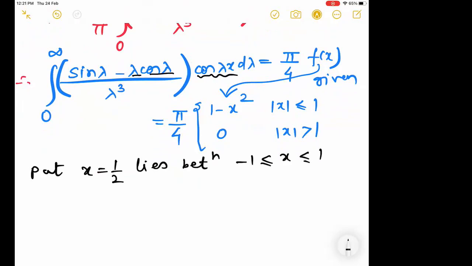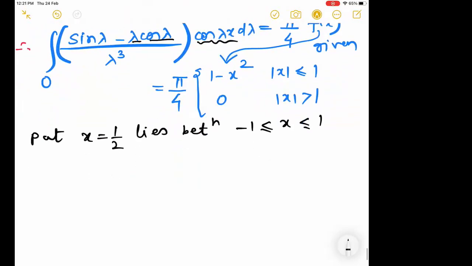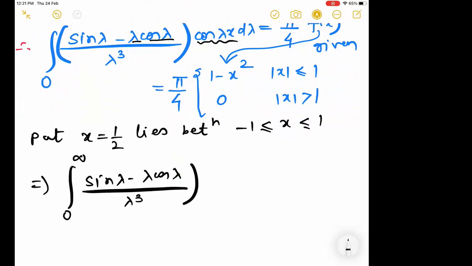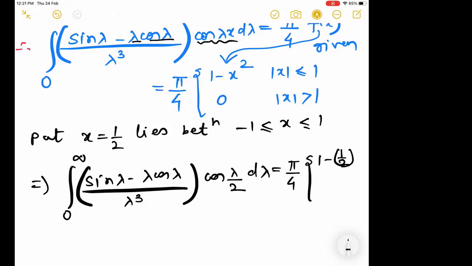This we know. And therefore, integral 0 to infinity (sin lambda minus lambda cos lambda) upon lambda cube into cos of lambda by 2 d lambda, putting x is equal to half. And on the right hand side also you put pi by 4 into 1 minus 1 by 2 square, and the other answer is 0.